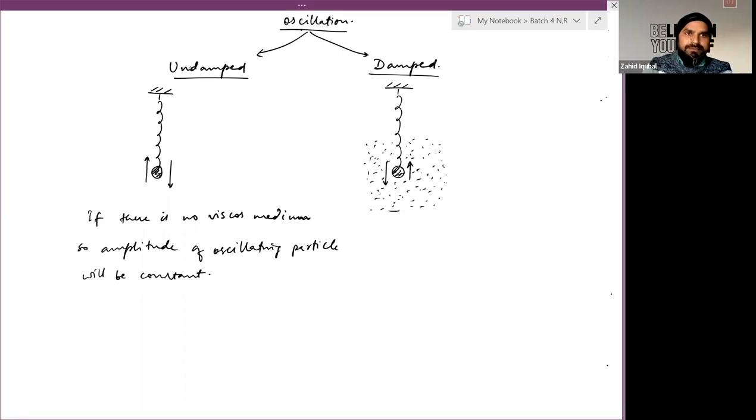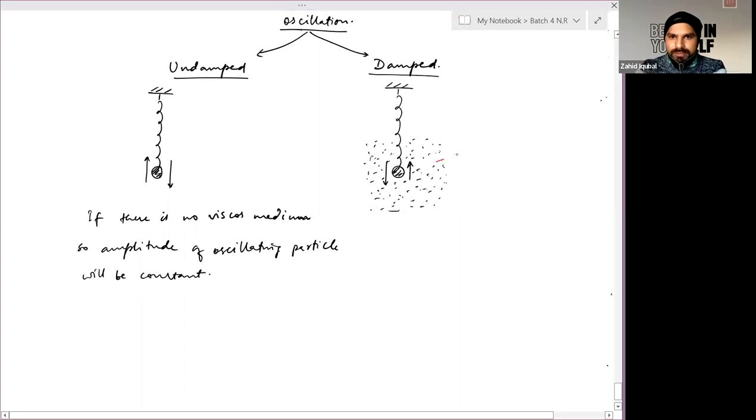But in the second part, if there is some viscous medium, then it will experience some viscous force during its motion, which will tend to decrease its amplitude.